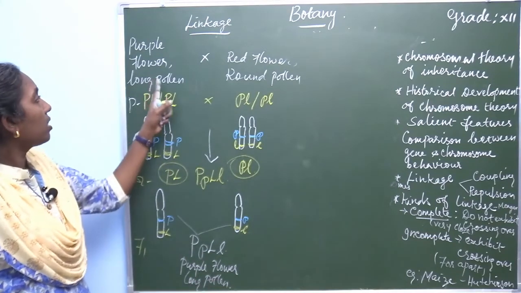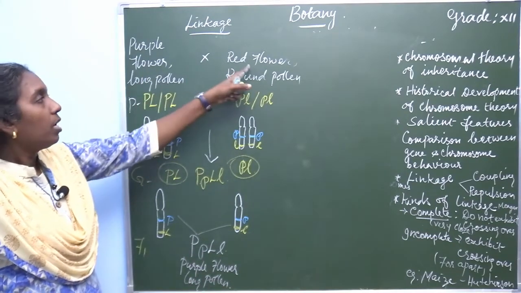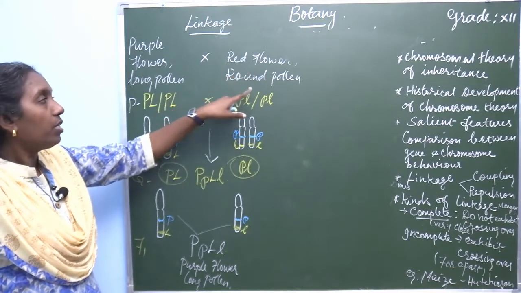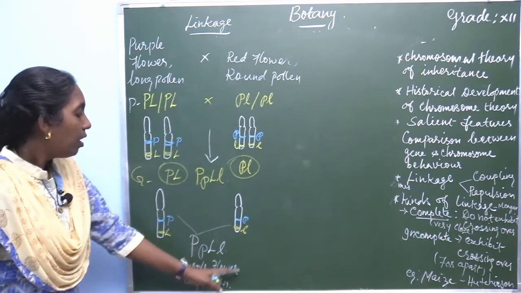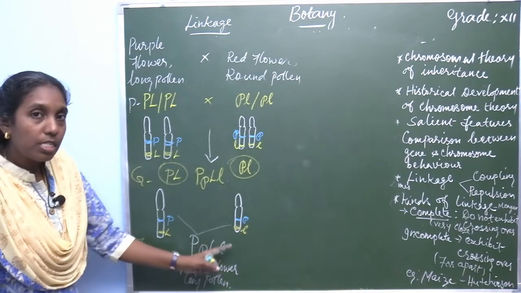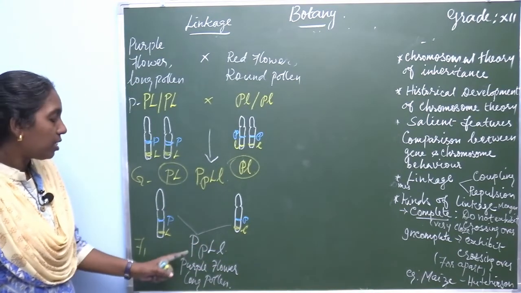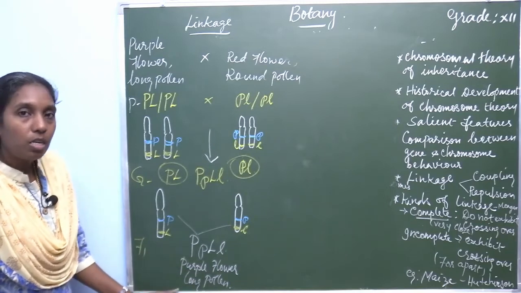The dominant character is purple flower with long pollen, and the recessive character is red flower with round pollen. But in the F1 generation, the expression is the dominant character, that is, purple flower with long pollen.